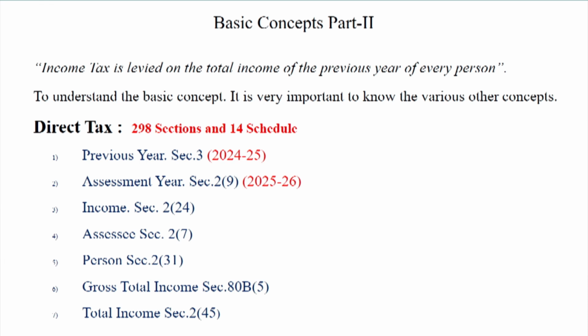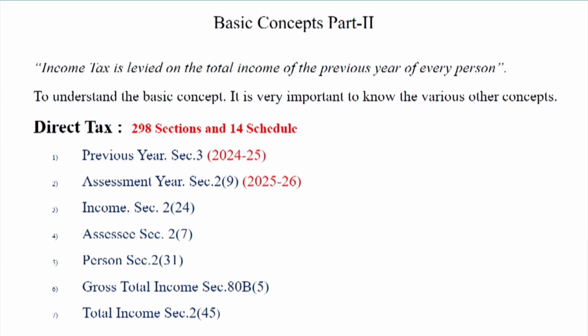Section 45 to Section 55 refers to capital gain, and Section 56 to Section 59 refers to the income from other sources. If the income of 5 heads is added, that is the gross total income. Gross total income is the income which is the sum of 5 heads.